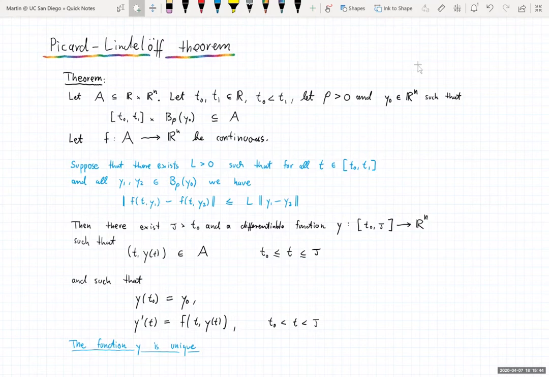It turns out if the function f in the Cauchy initial value problem satisfies somewhat stronger conditions, then the uniqueness of a solution can actually also be established. And that result is known as the Picard-Lindelöf theorem.